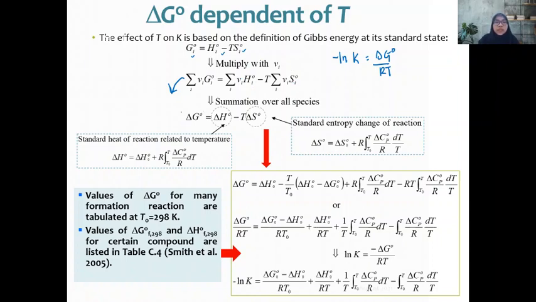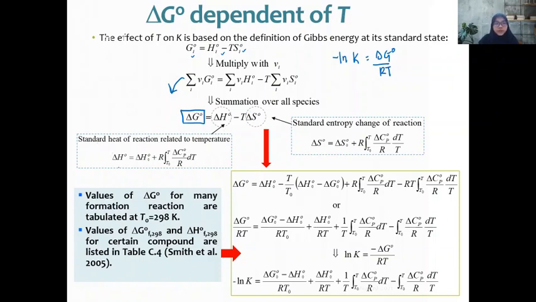So this is where we can start to obtain the value of standard Gibbs energy to correlate with the enthalpy and entropy.